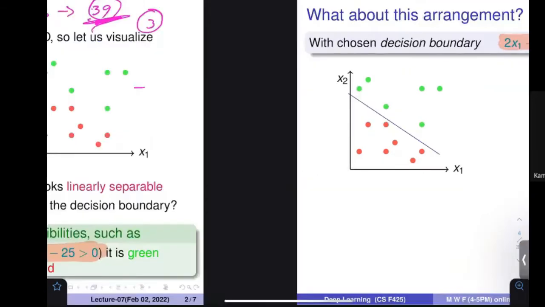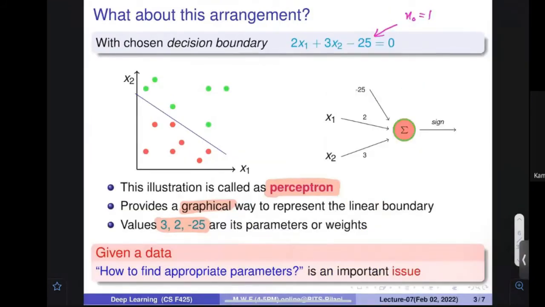So how to find out these weights is an important thing that we are going to see next. Any question till now? If you have any question, please ask. Everything is clear? Yes or no? Yes. Okay.